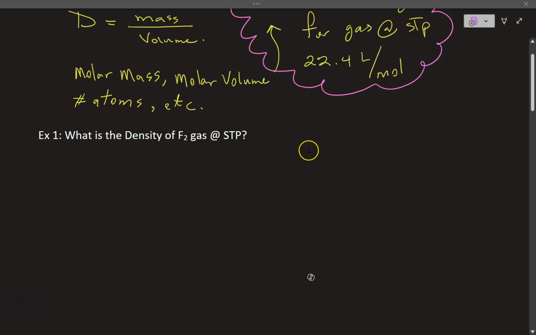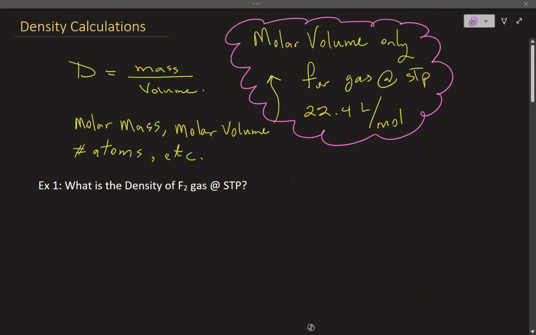So first question, what is the density of F2 gas? That's the fluorine gas at STP. And the molar mass for fluorine is 19. So F2 molar mass would be 2 times 19, which is 38.0 gram.